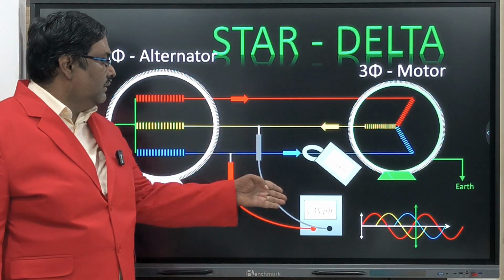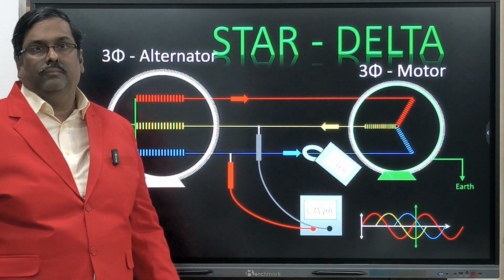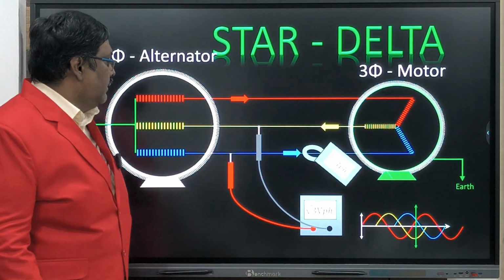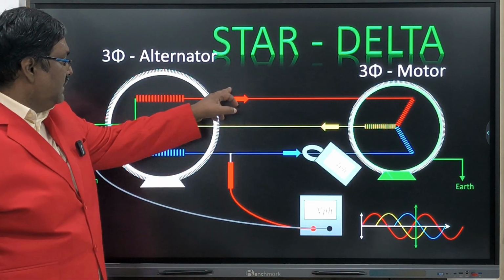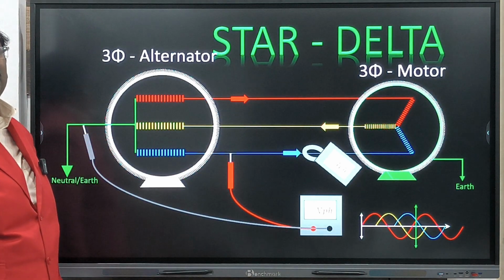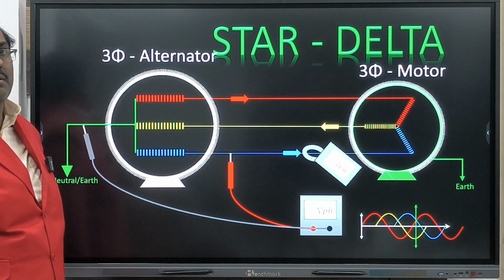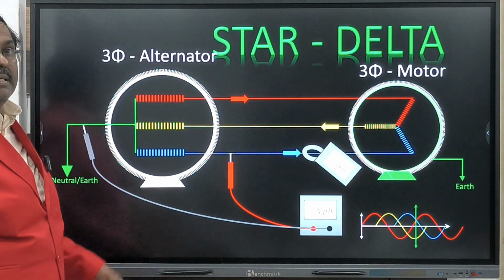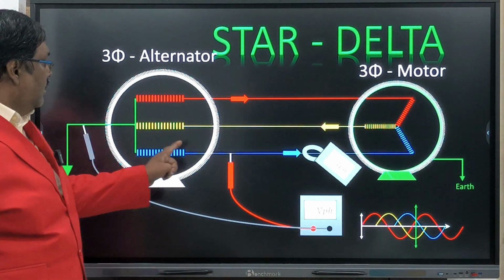So now I am checking the other cycle. Here also line voltage is the same. Now where is the phase voltage? You have to take a reference of any line and the neutral line. This phase voltage only is coming to your home and you are using for all machineries, equipments and all. So this is called phase voltage.